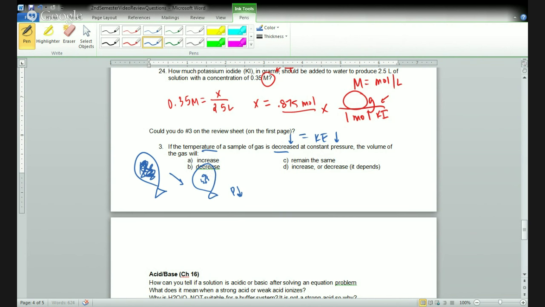So we're not going to be able to fill that space anymore. The outside air is going to push in on all the sides and decrease the volume of that balloon. So if my temperature goes down, my volume will also go down, because our particles are no longer moving fast enough to fill the space they were in.